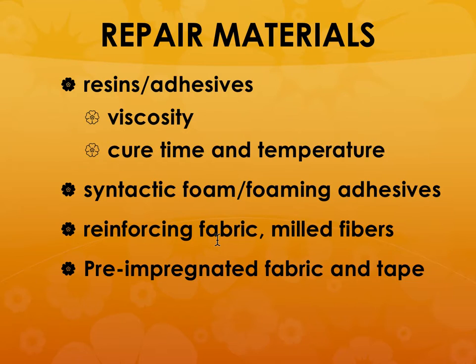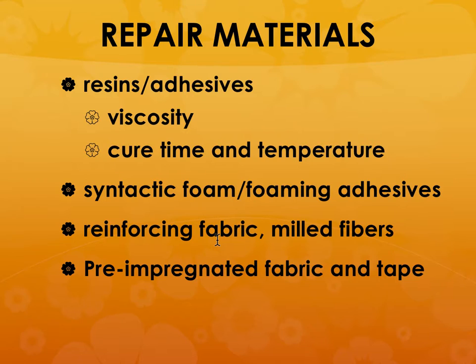So what types of repair materials are available? The most common kinds are you use some kind of a resin or adhesive that has the right viscosity, cure time, and temperature, because this whole component probably cannot be put back into an oven or an autoclave. So you may need to do the repair outside, so an out-of-autoclave type of repair.